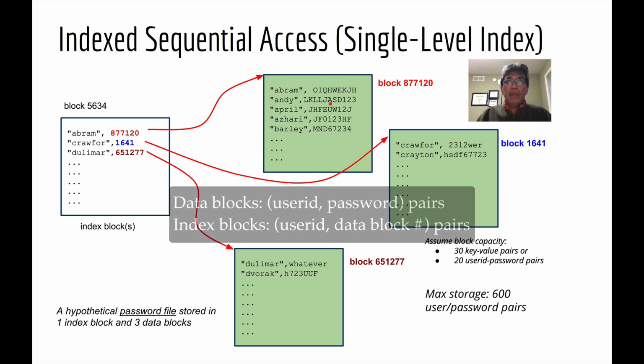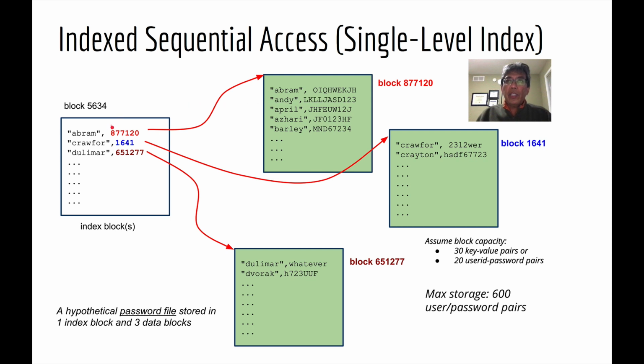The example in this page assumes that we are storing username password pairs. The index block holds a pair of username and block number, and these pairs are sorted by the username.